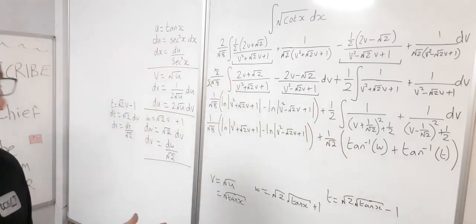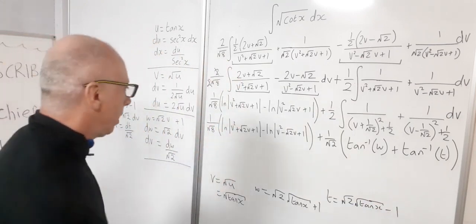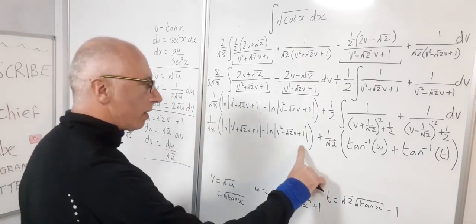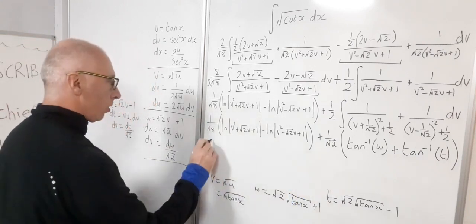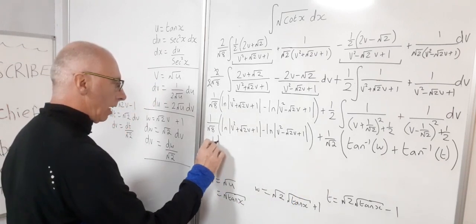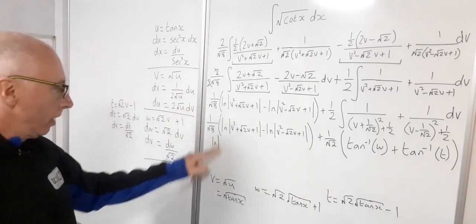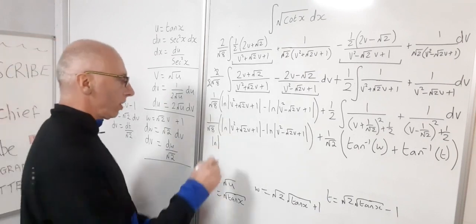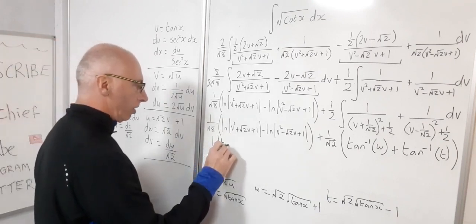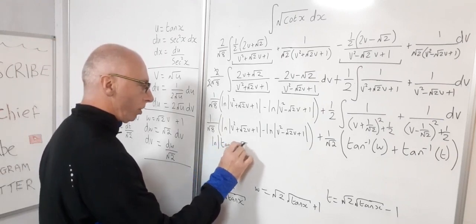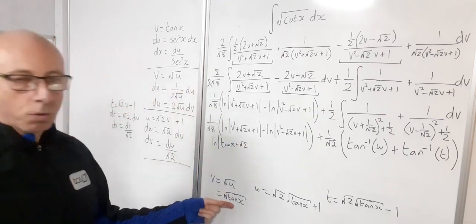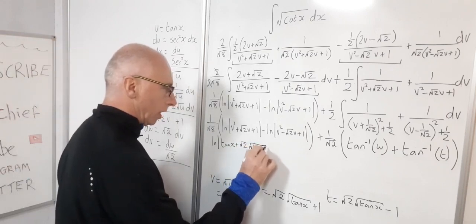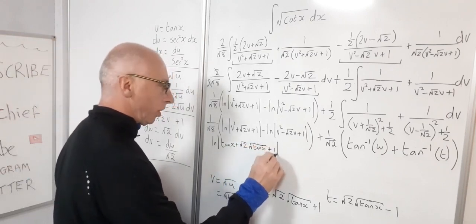So now we're ready to put our answer in here. So this 1 over root 8, I'm going to write this as one big fraction. So I've got natural log, absolute value, v squared. Well, if v is square root of tangent x, v squared is just tangent x. So tangent x plus root 2 square root of tangent x plus 1. So that's my first one.